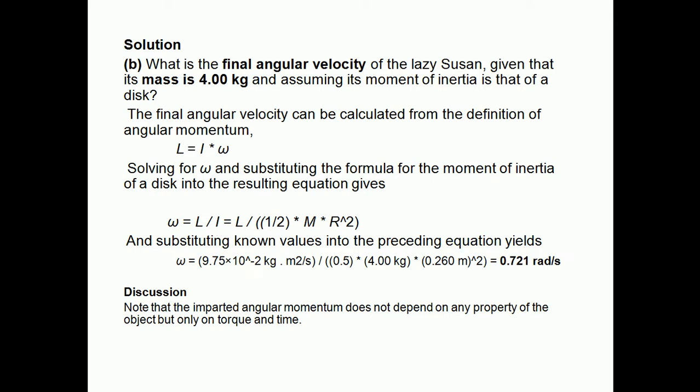The moment of inertia is the moment of inertia of a disk. So first of all, we need a formula to find out the moment of inertia. For a disk, the moment of inertia is half multiplied by the mass multiplied by the radius square.